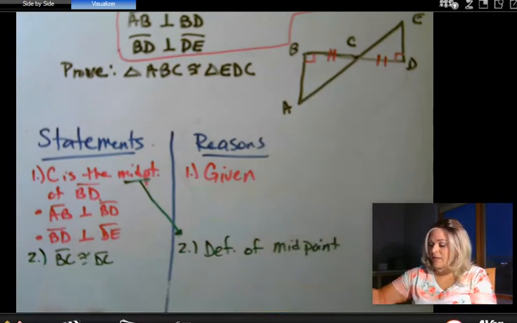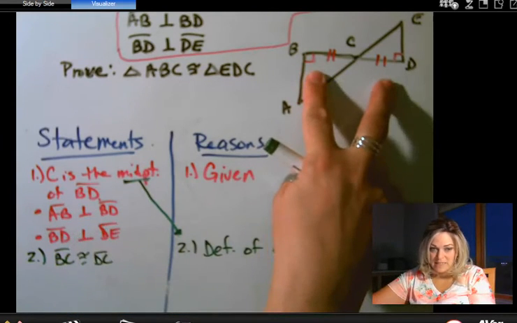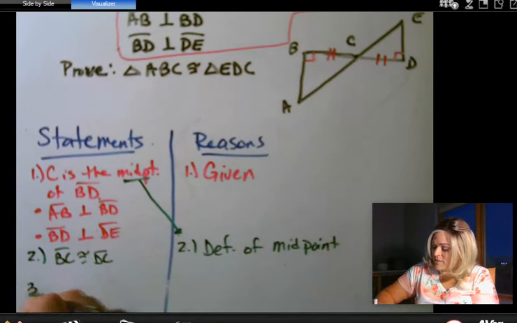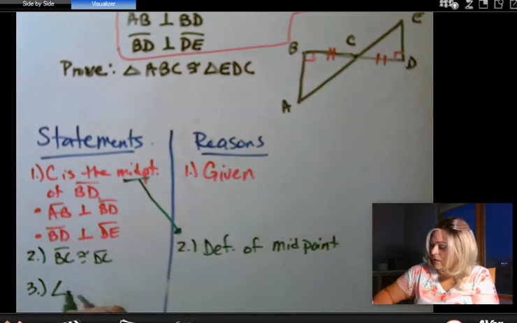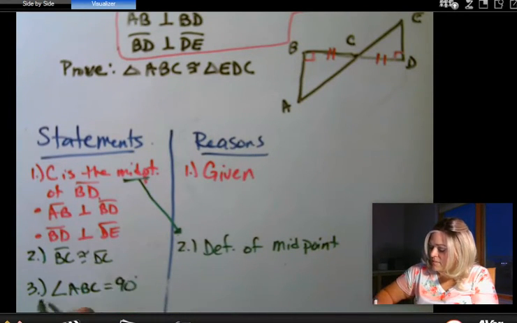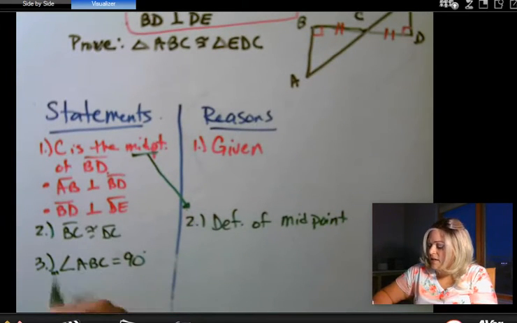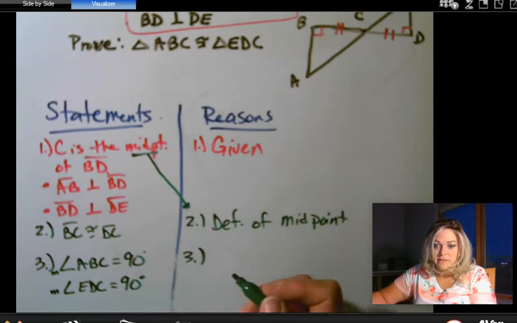Now, step 3, I need to explain this symbol and why I put a 90. Okay, so that's another kind of definition. So I'm going to say step 3, these angles right here, the measurement, that little M right there, measurement of angle ABC equals 90. And I'm going to say the measurement of angle EDC also equals 90. How do I know that?